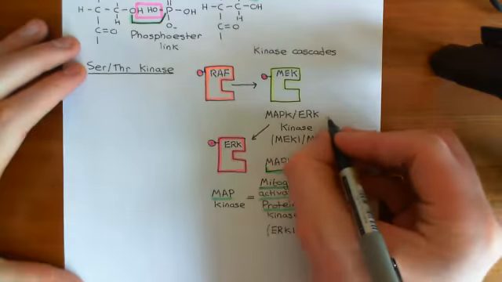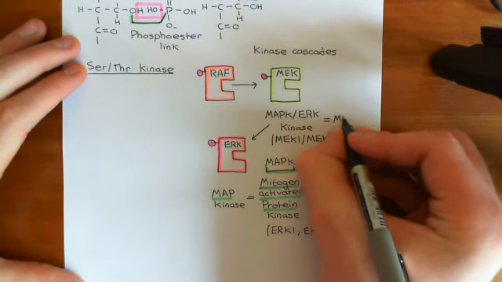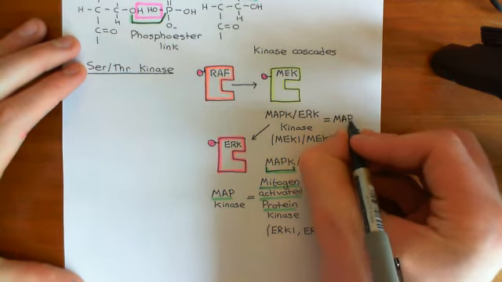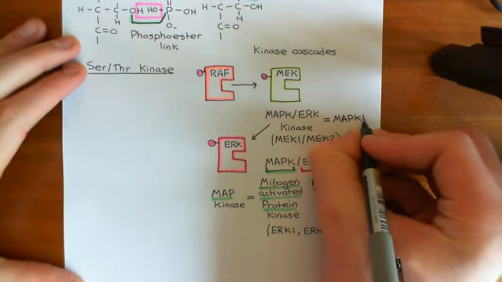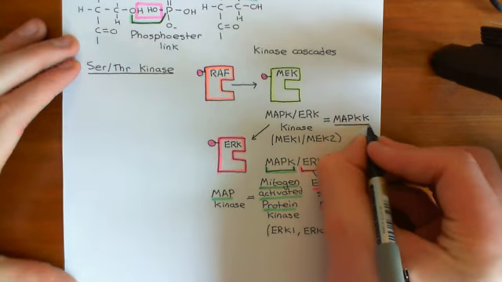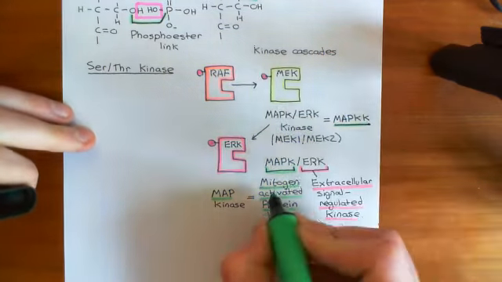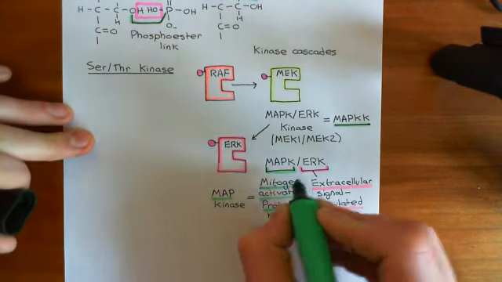Now, it is for this reason that sometimes you will hear the MEK enzymes referred to as the mitogen-activated protein kinase kinase. Okay, so some people will call the MEK enzymes MAPKK, because they are the kinase enzymes for the mitogen-activated protein kinases.